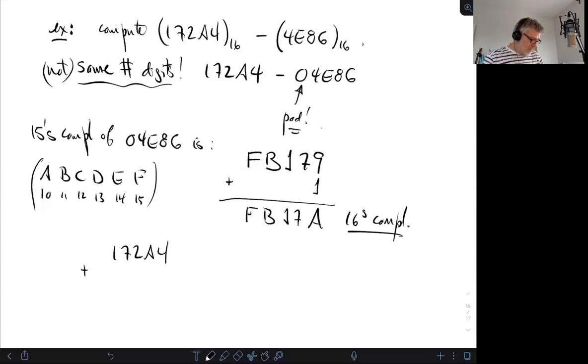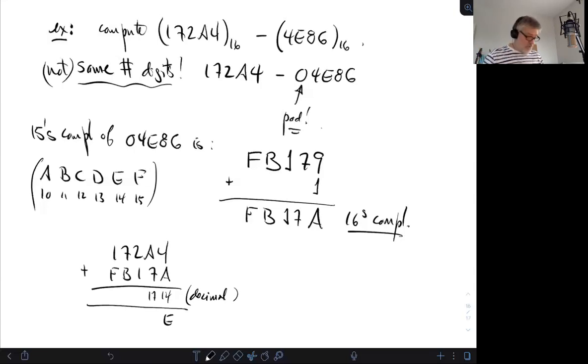So now I'm going to add 172A4 plus FB17A. Okay, so again, I'm going to do this little extra step in decimal because I'm a human being. So 10 and 4 is 14, which is E. No carry. 10 and 7, that's 17.